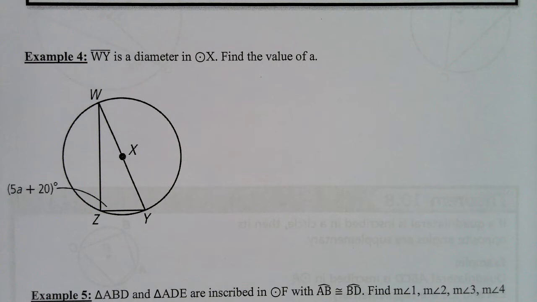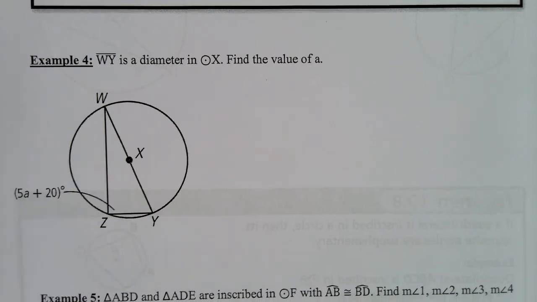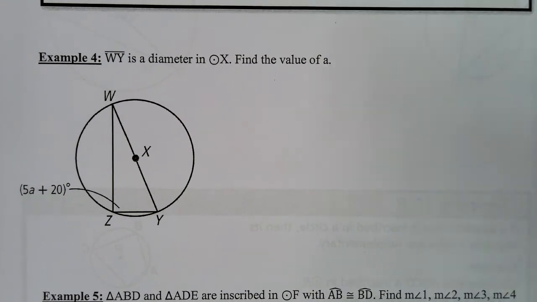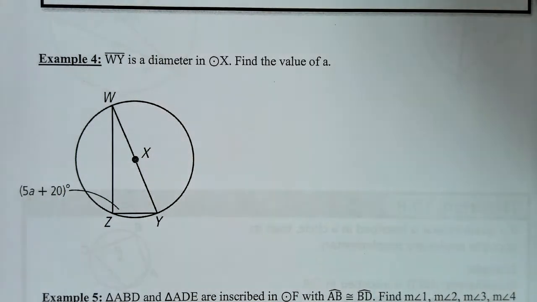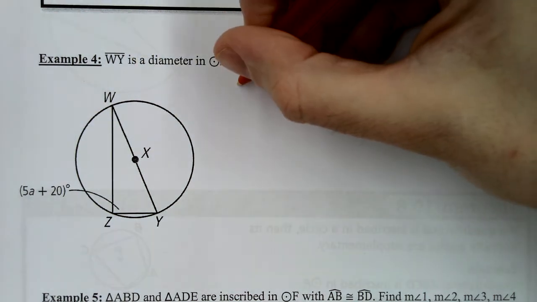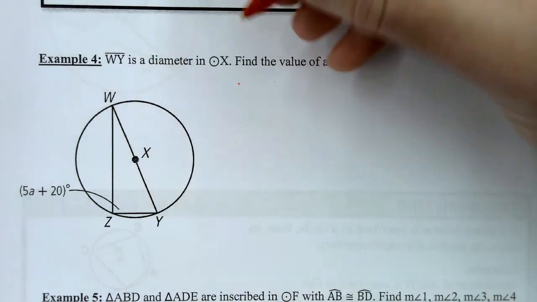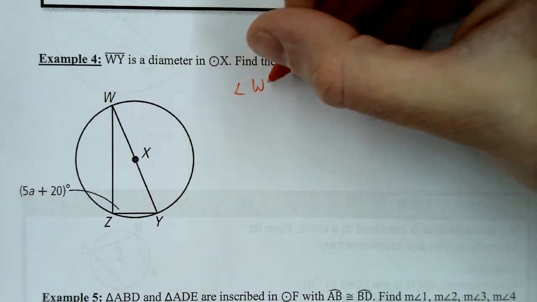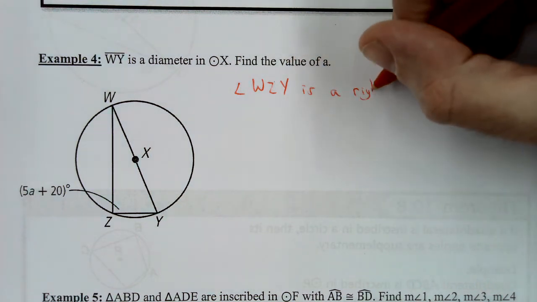Example 4. WY is a diameter in circle X, so find the value of A. Well, since it's a diameter, it means that we have a semicircle right here, so the semicircle is 180, which means that angle WZY is a right angle.